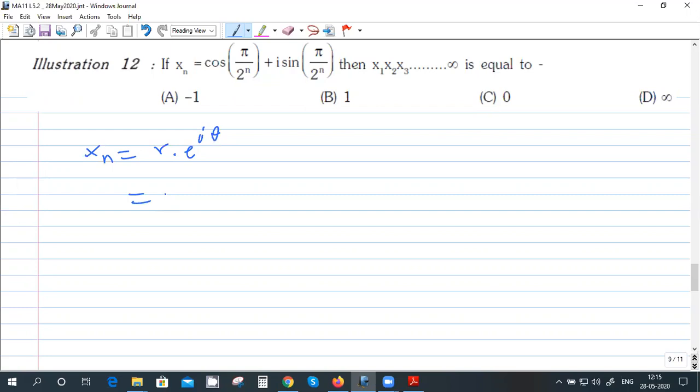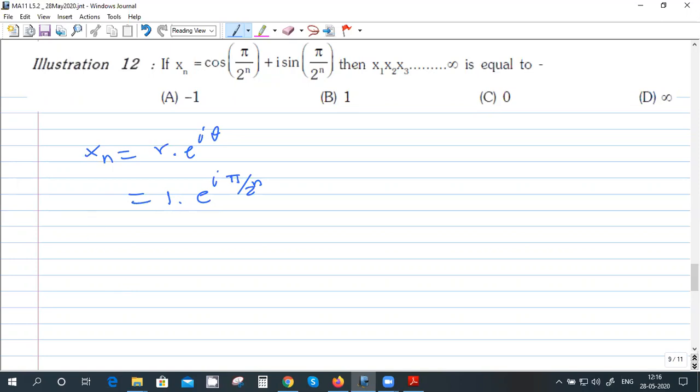So what is r? Square root of x square plus y square, that is 1. And e raised to the power, how much is theta? i pi by 2 raised to the power n.